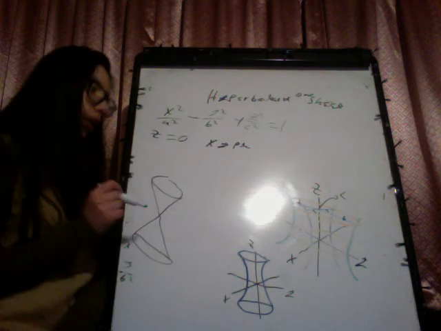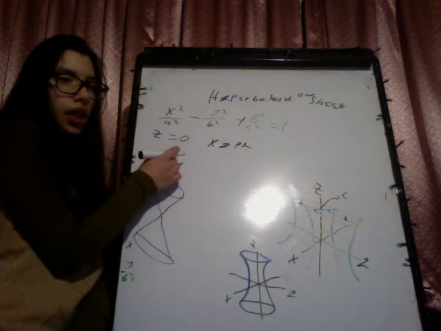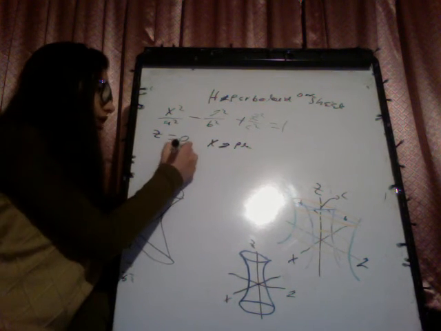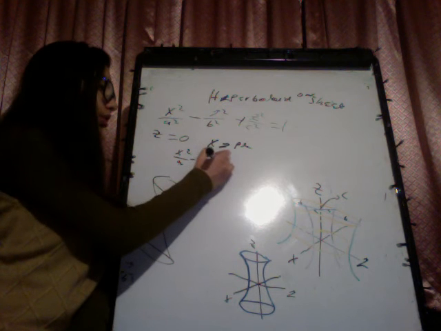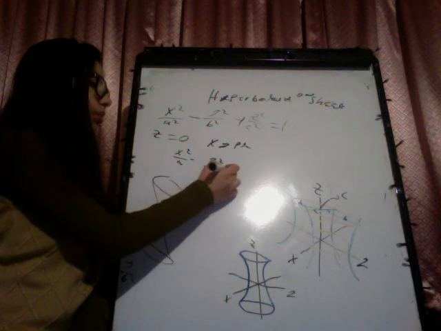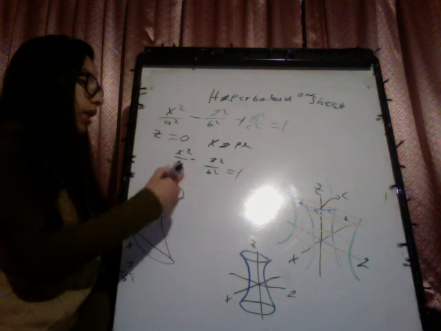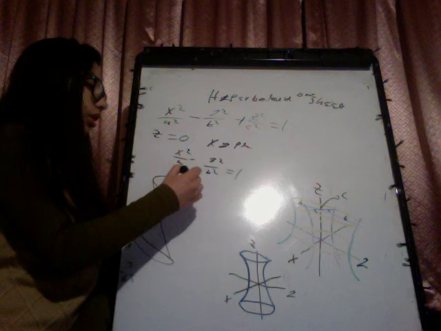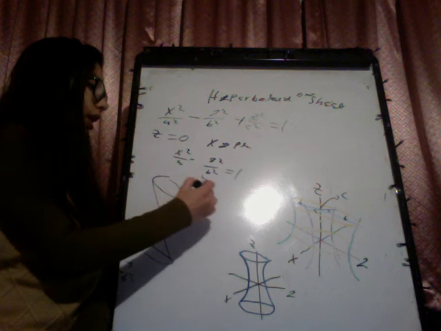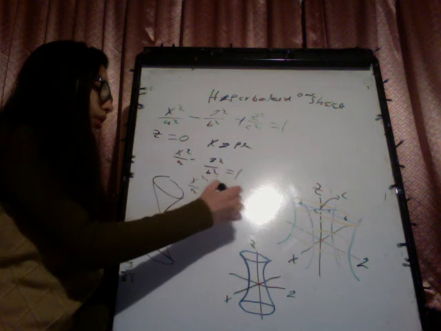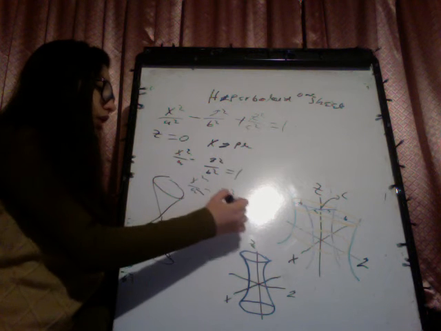In the same way, the hyperbola in the xy plane, x squared divided by a squared minus y squared divided by b squared equals 1, is asymptotic to the lines x squared divided by a squared minus y squared divided by b squared equals 0.